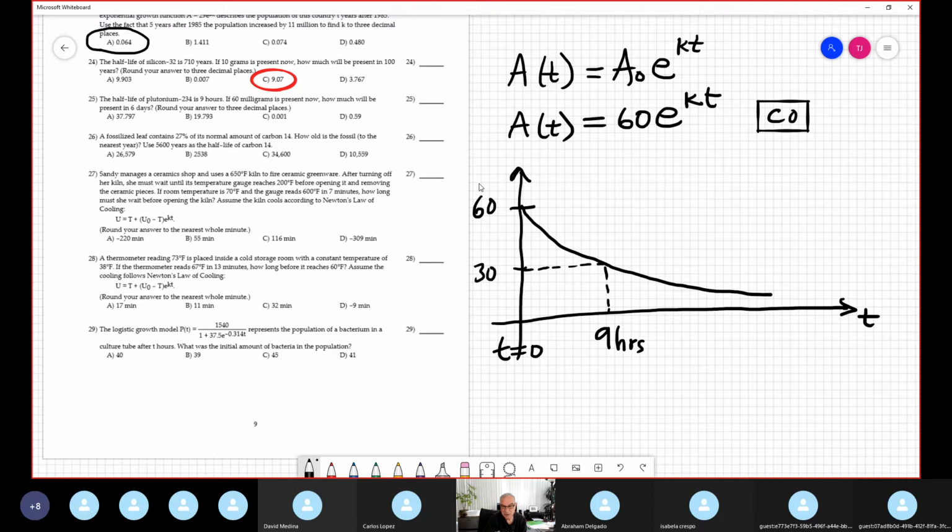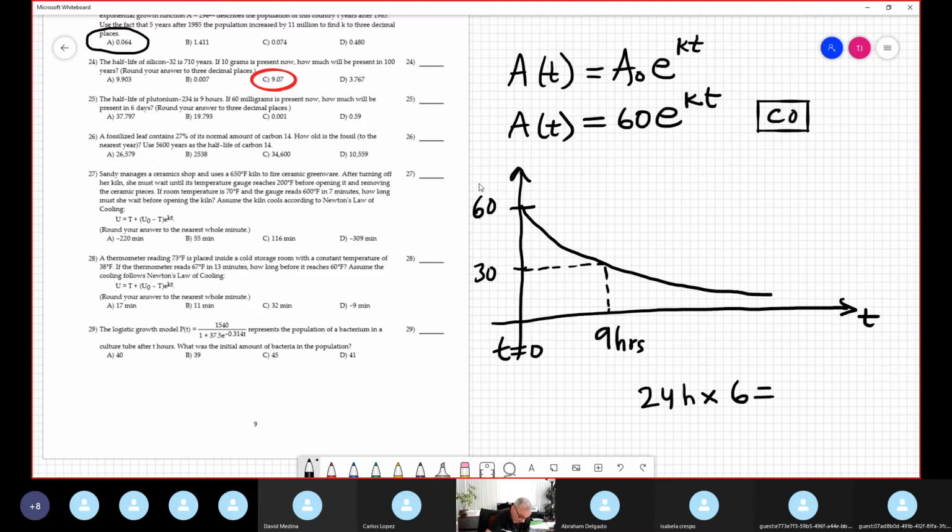So now 6 days is 24 hours multiplied by 6, no? Because I want to express everything using the same unit. Half-life is expressed in hours, and my problem in condition 2 is in days, so there is a contradiction in the units. I need to express everything using the same unit, either you convert hours to days, or you convert days to hours.